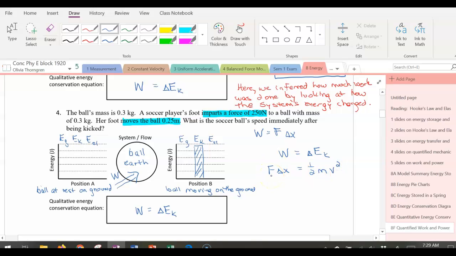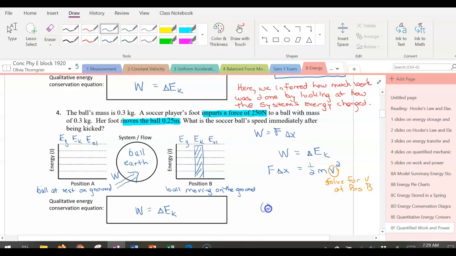I can find work by multiplying the force times the displacement if I'm given those things, and I was given those things here. And I can calculate the kinetic energy at position B by taking half of the mass of the ball times its velocity squared. They're asking me to find the speed. So I'm going to solve for the V at position B. Okay. So let's see if I have everything else in this equation.